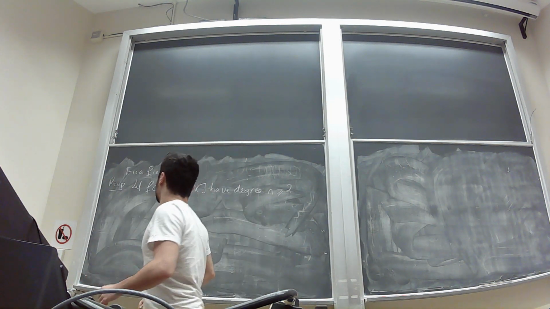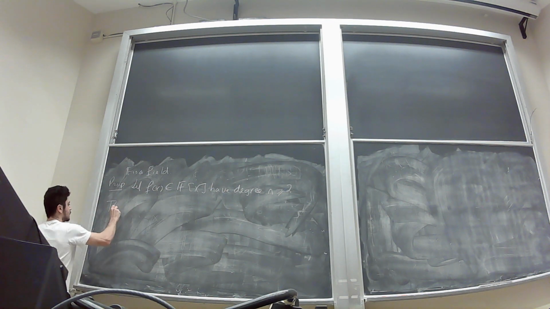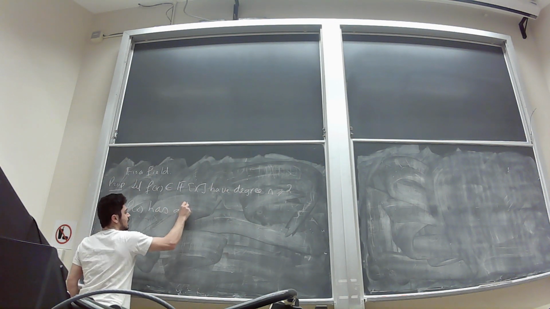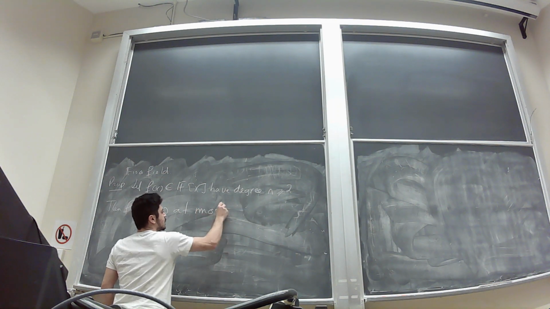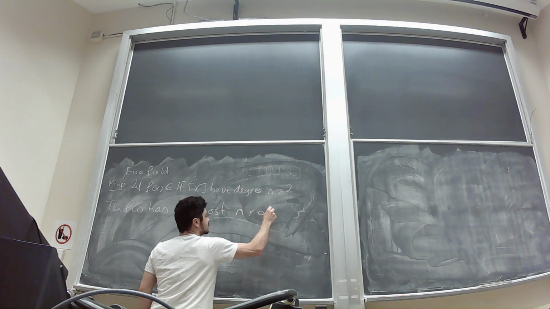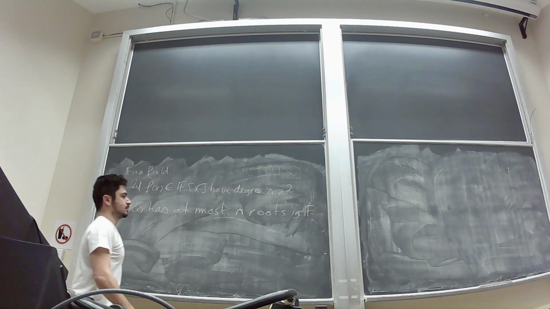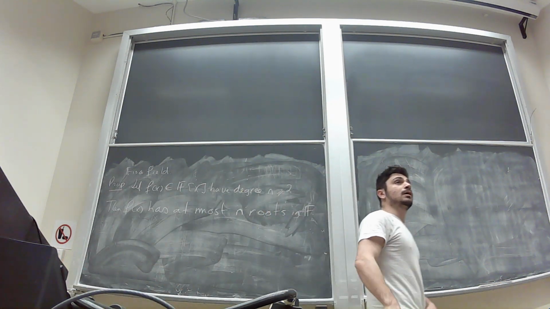Then f of x has at most n roots in F. So if you have a polynomial over a field of degree n, then it cannot have more than n roots. Let's prove that.